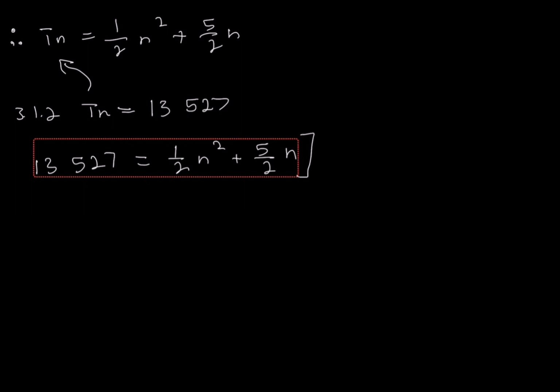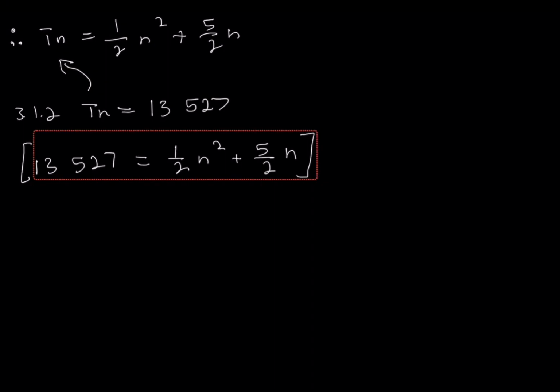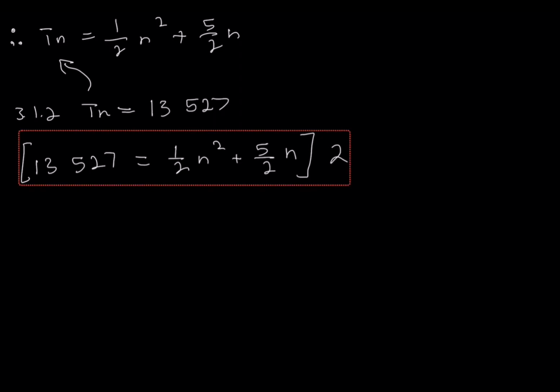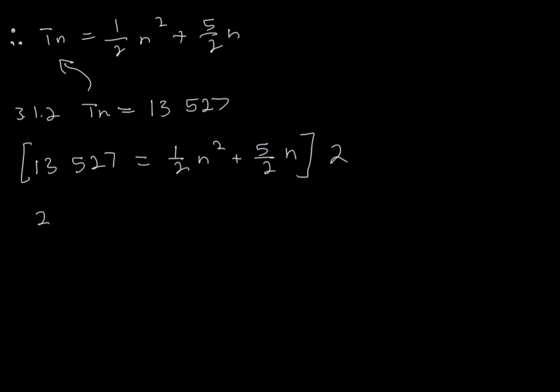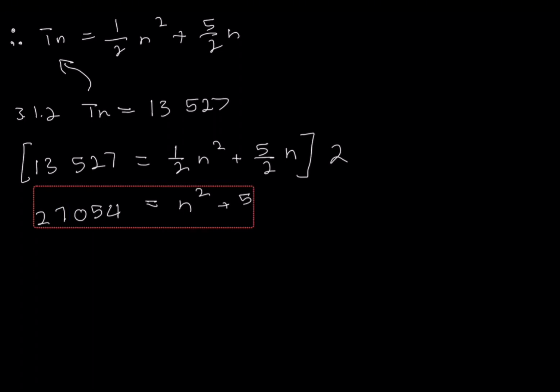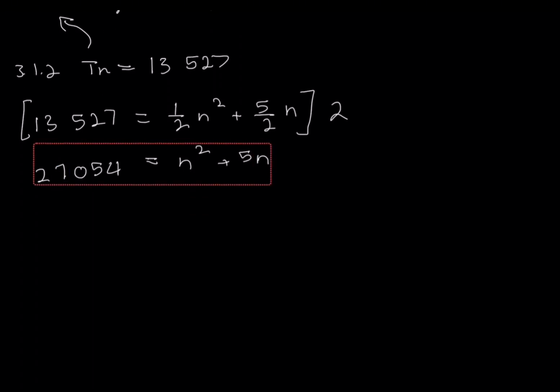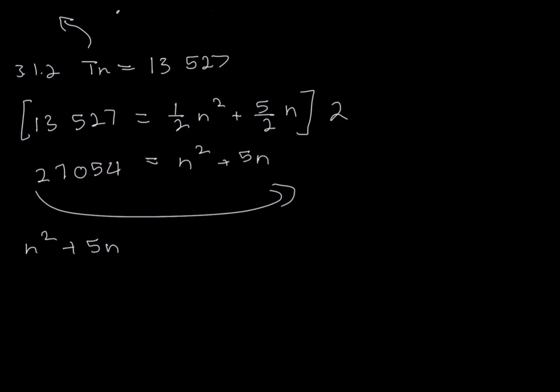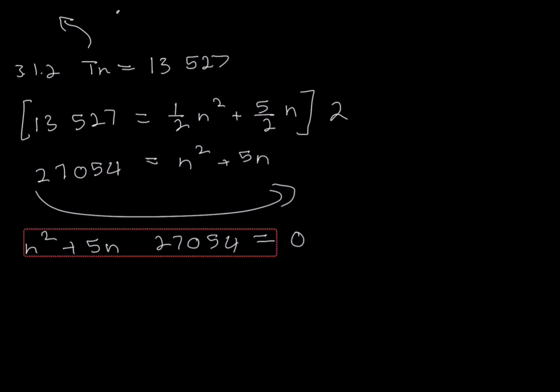So now, I don't like this 2, so multiplying everything by 2, we are going to get 13,527 times 2, which is equal to 27,054. Yes, this is equal to n squared plus 5n. Moving this to the other side, we have n squared plus 5n minus 27,054 equals 0.